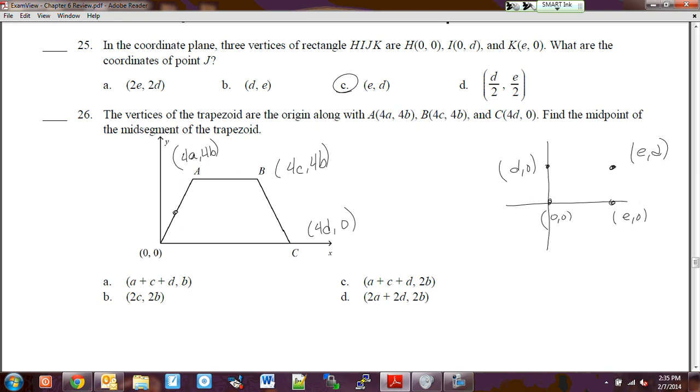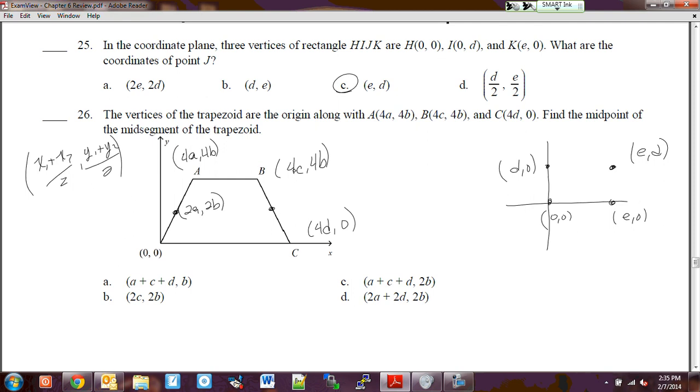So what we have to do is find both of these midpoints first. Remember, your midpoint formula is x1 plus x2 over 2, comma, y1 plus y2 divided by 2. So 4a plus 0 is just 4a, divided by 2 is 2a. Doing the same thing for this one, you're going to get 2b, because 4b plus 0 is 4b, divided by 2 is 2b.